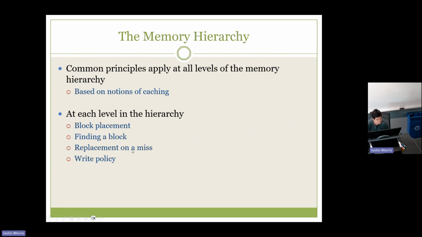And then replacement on a miss. What is our normal policy? Least recently used. If we have very high associativity, like fully associative, and least recently used becomes difficult to implement in hardware, what is an okay substitute policy? Write policy. What does it mean to be write through?